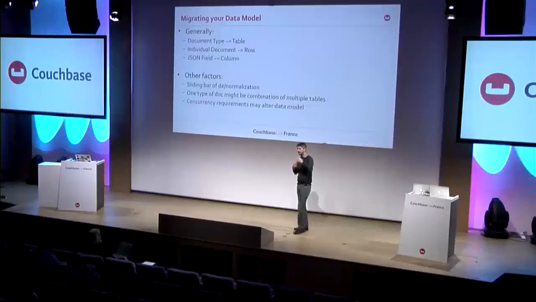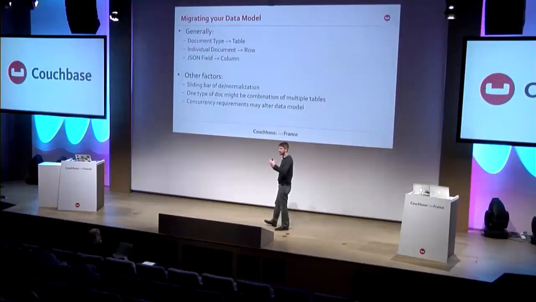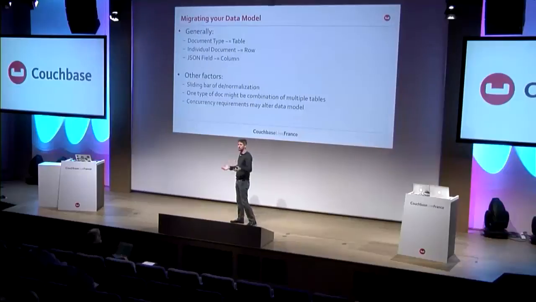As for some of those points, one type of document may very well be a combination of multiple tables. We're going to look at that in a second. And your concurrency requirements may force you to decide to break things apart into different documents. If you know there are certain types of data that need to be read, or especially written, very heavily, there are things you can do in Couchbase to avoid contention or concurrency problems on that data.